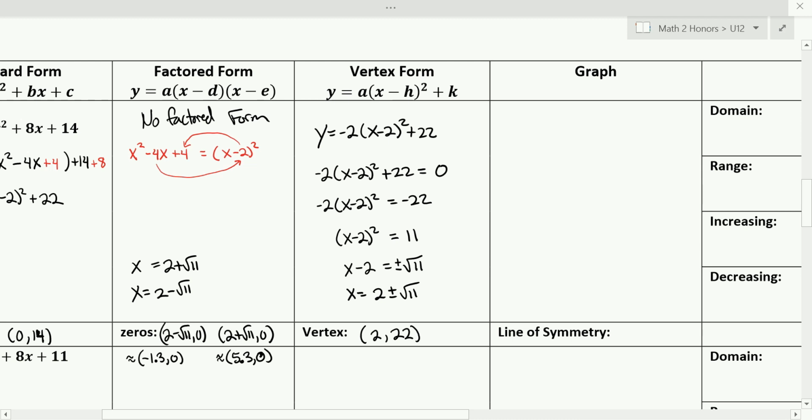All right, so I'm going to graph now. I'm noticing I have some big values, like the vertex is going all the way up to 22, so I'm going to compensate for those. Maybe I'll count by 2s on my y-axis, and I'll go by 1s on my x-axis.